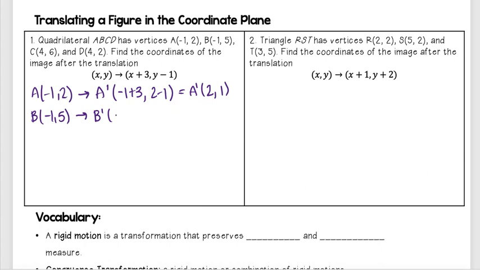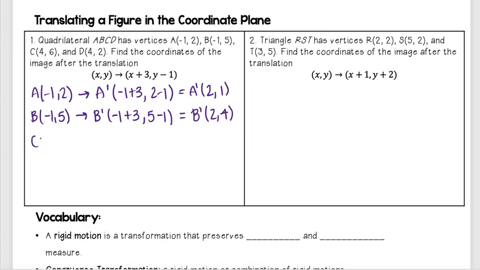And so I have my x coordinate plus 3. And then my y coordinate is 5, and I want to subtract 1. So negative 1 plus 3 is 2. 5 minus 1, and I get 4.